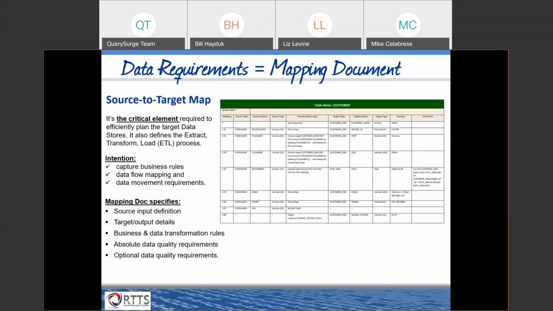And this really lays out the most fundamental pieces of how your ETL process is working. And it's there to capture your business rules, to map out the data flow, and at its basic level, it should contain the source input definitions, the target output definitions, and any logic that is applied between the two.